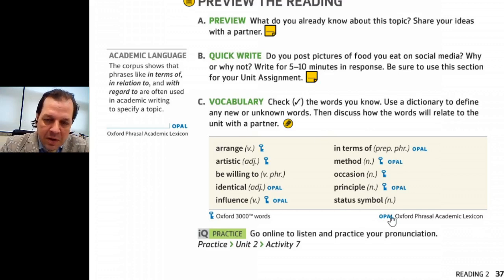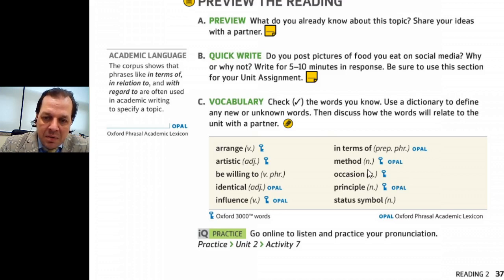Here's some more vocabulary we can go through together. We'll see this in the next article. Arrange, which is a verb. Artistic, an adjective. Be willing to, which is a verbal phrase. Identical, an adjective. Influence, which is a verb. In terms of, which is a prepositional phrase.